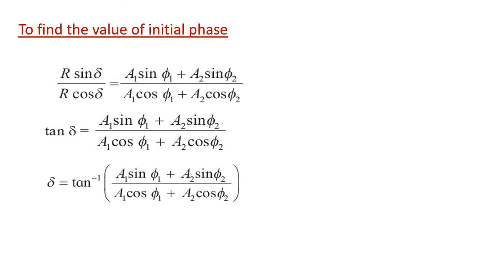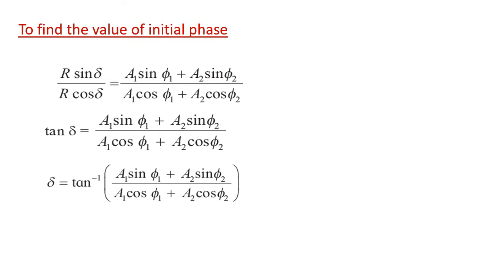Now the r from the numerator and the r from the denominator get cancelled, and sine delta upon cos delta, using the trigonometric relation, sine upon cos is tan. So tan delta is equal to a1 sine phi 1 plus a2 sine phi 2 divided by a1 cos phi 1 plus a2 cos phi 2. Now we need to find the value of the initial phase, and phase in case of SHM is denoted by the symbol delta.